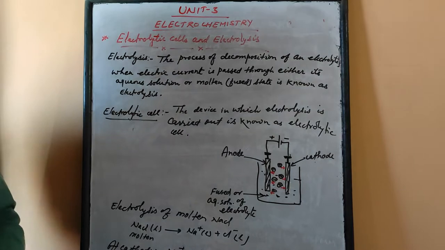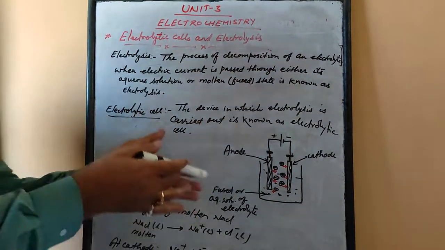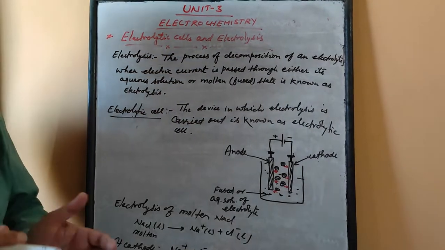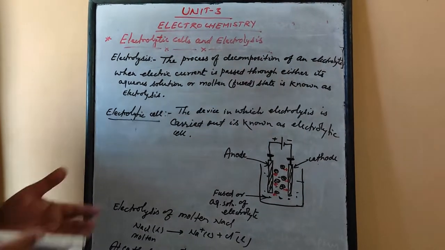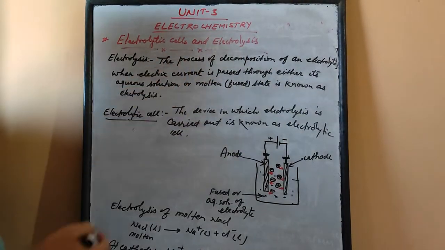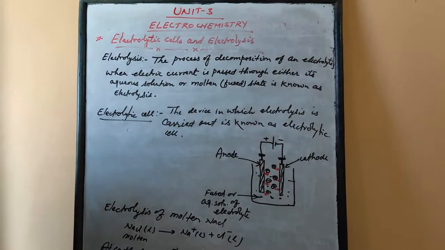Here in electrolysis, we pass the current, we pass the electricity through the molten state or aqueous solution of electrolyte, and there is a chemical change. So, please note the definition of this electrolysis.